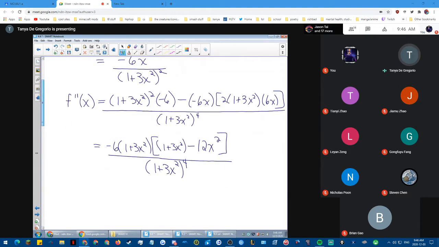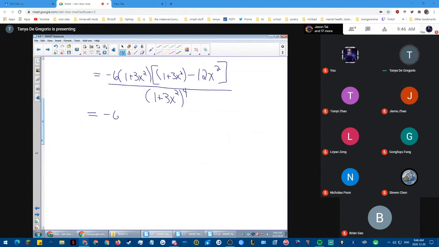Okay, next. Clean up those square brackets. What does it clean up to in the square bracket? Negative 9x squared plus 1.